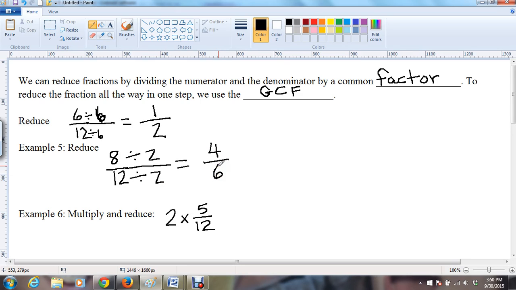All right, well, that is more reduced than 8/12, but it's not as reduced as it can get, because 4, 6, there's still a common factor between 4 and 6. They both have a factor of 2. So we can, again, divide the top and the bottom by 2.